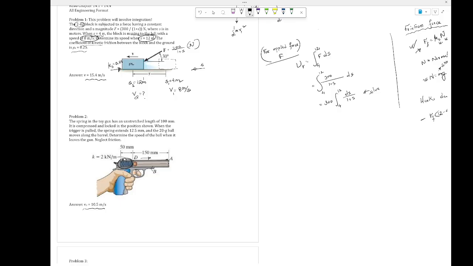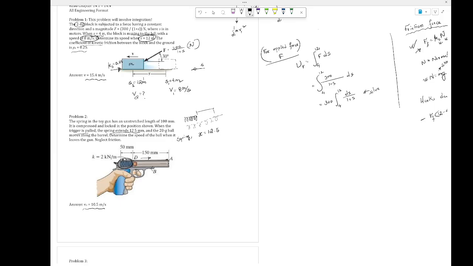All right, so the question gives you a few more parameters, like when the trigger is pulled, the spring extends to 12.5. So the x value is given for the spring. In other words, initially, if the spring is in a stretch condition like this, right? When it gets stretched, it will become longer.